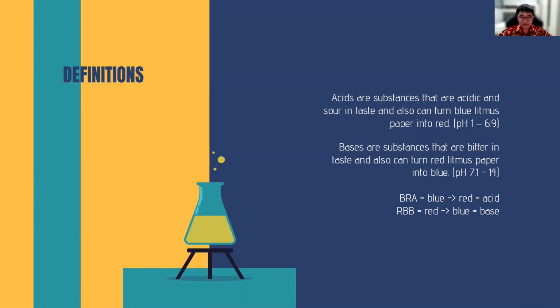And this one, BRA, means that if a blue litmus paper turns into red, it is an acid. RBB stands for red to blue equals base, which means that if you place a red litmus paper and it turns into blue, the substance is a base.